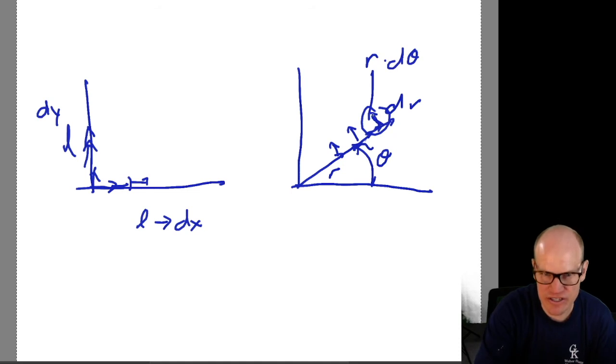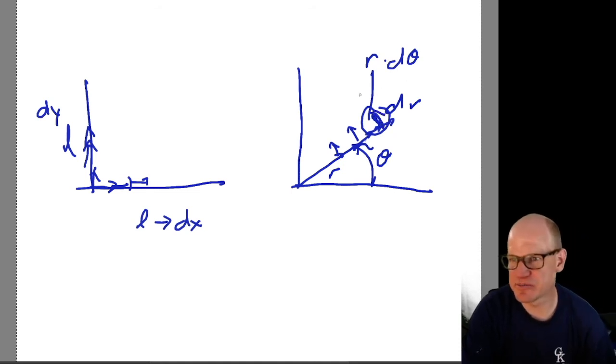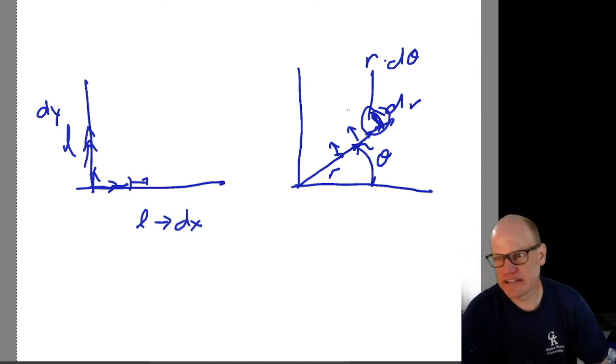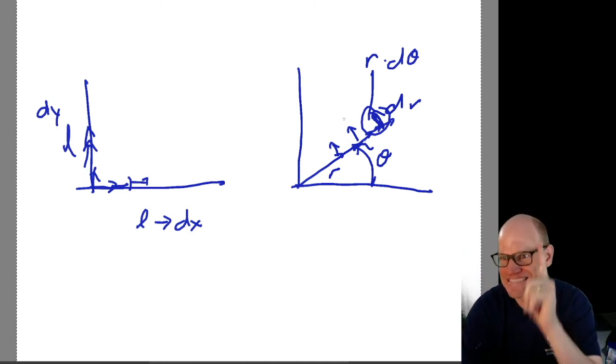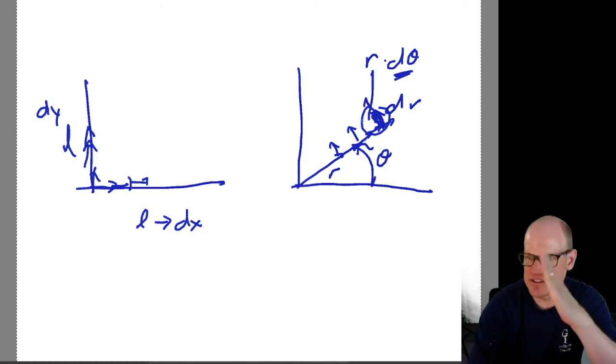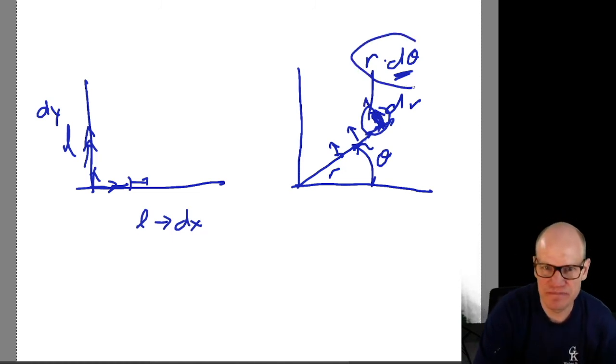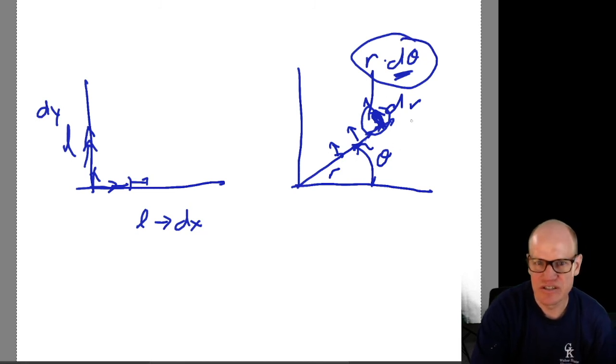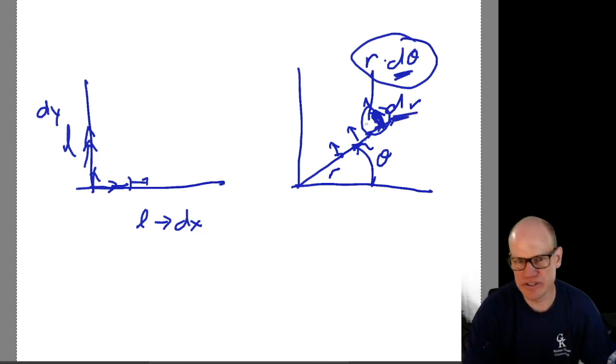So that's the arc length that you have right here. And theta has to be measured in radians because that is the unit of angle, not degrees. Degrees are for losers and sissies. Theta is measured in radians at a fundamental level. So this length that you increase when you increase the theta direction, it's r d theta that you're changing. And it's dr if you're moving in the radial direction.